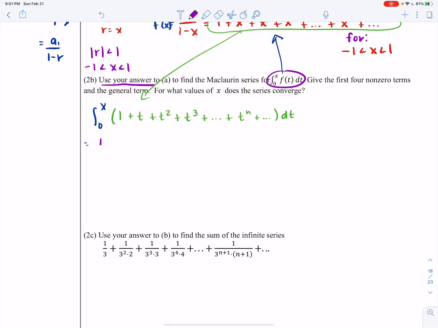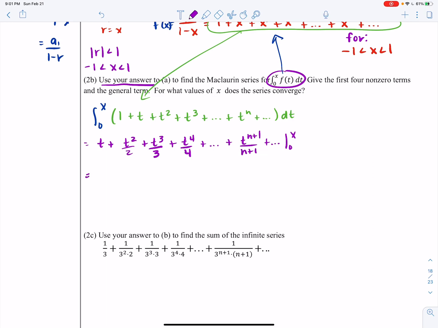Integral of 1 is just going to be t. Make sure you're using the right variables. t squared over 2, t cubed over 3, t to the 4th over 4, so on and so forth. Let's actually do the general term. t to the n plus 1 over n plus 1, dot, dot, dot, evaluated from 0 to x. Well, that's just code for plug in x, plug in 0. 0 is going to give me all zeros.